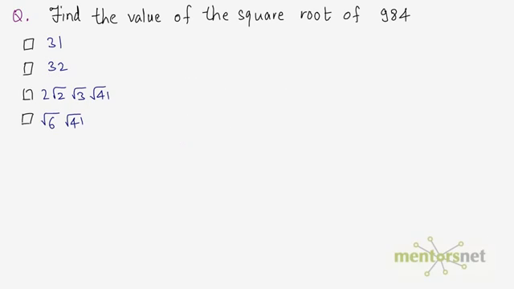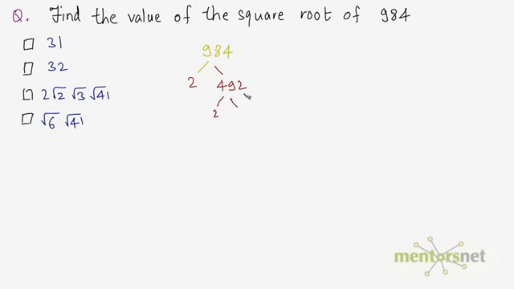So I have a question for you now. You have to find out the square root of 984. So let us first calculate the prime factors of 984. So I have 984. It is divisible by 2. So 2 times 492 is 984. This again is divisible by 2.